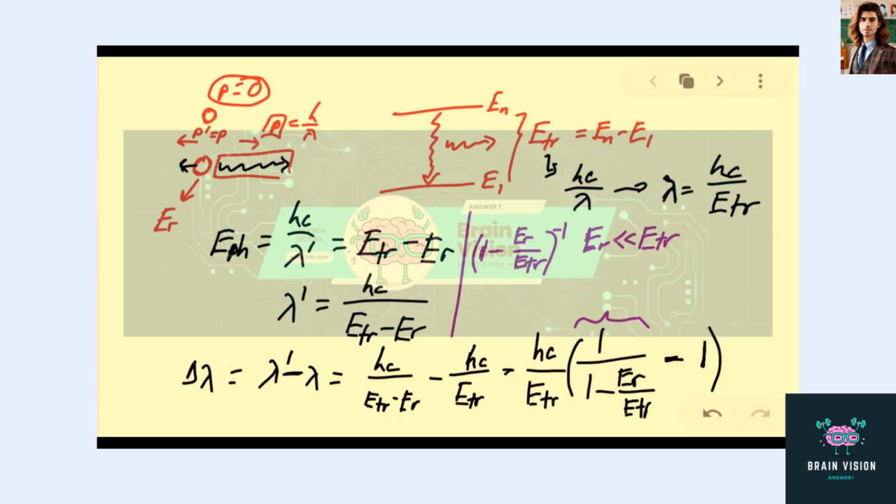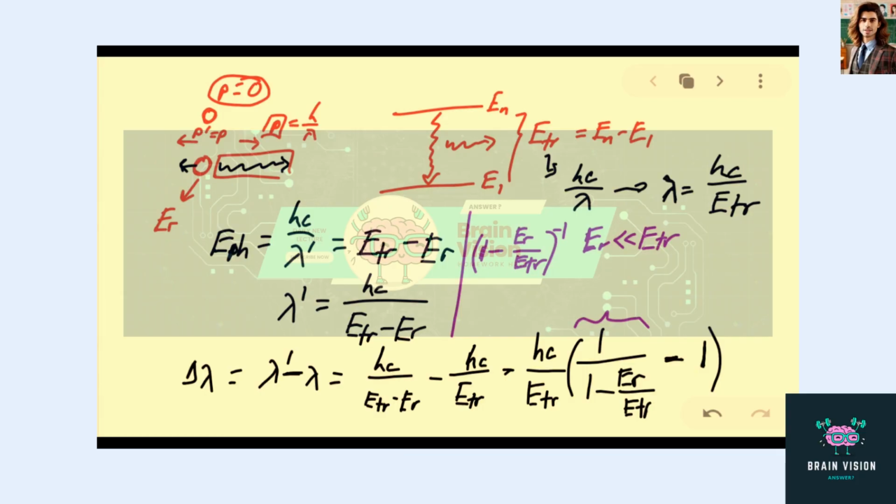The reason behind this is that the momentum of the photon is often very small compared to the usual momentum of our nuclei because of its large mass.